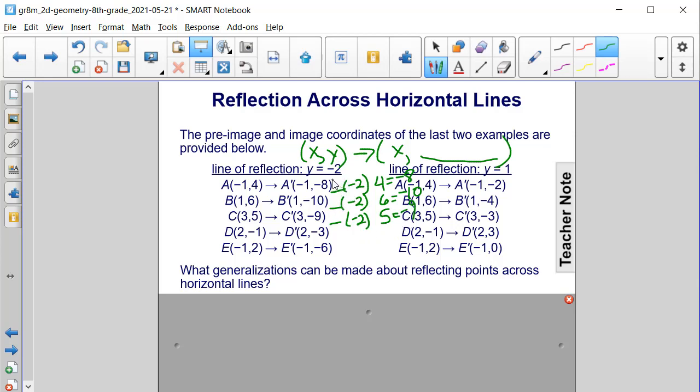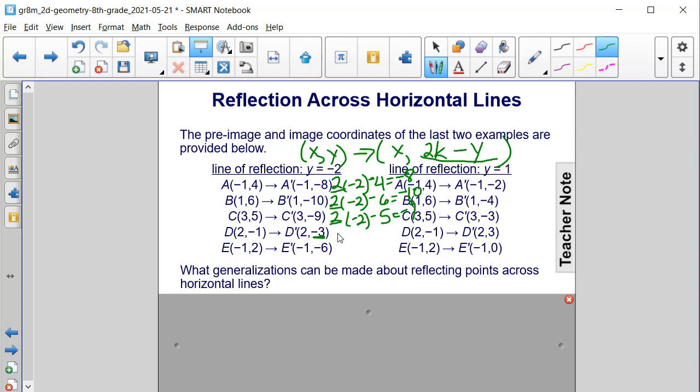Well, if we do 2 times negative 2, we get negative 4, and then if we subtract 4, we get negative 8. Let's see if that holds true every time. 2 times negative 2 is negative 4, minus 6 is negative 10. 2 times negative 2 is negative 4, minus 5 does give us negative 9. Okay, so it looks like we're taking 2 times the line of reflection, let's call that k, and then we're subtracting the original y coordinate to get our next point.